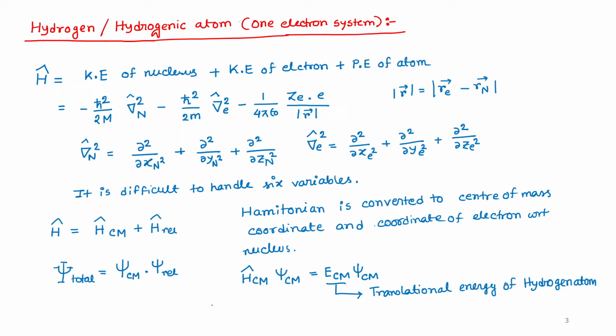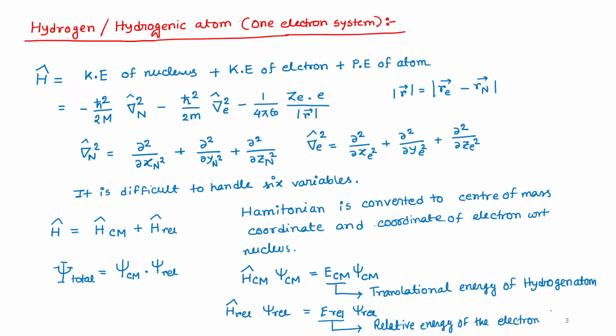And when we get this, it will give us the relative energy of the electron only with respect to the nucleus.